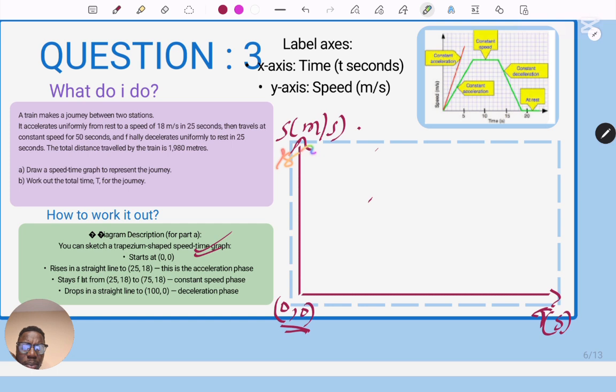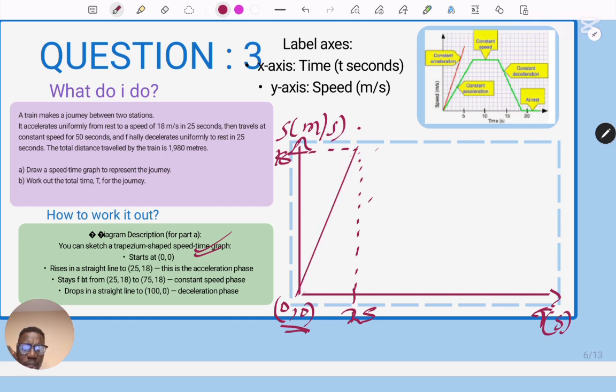Definitely the two of them will meet at a point like this, and that means the train travels like this. Okay, so I'm going to draw it now for us to see. So we put our 18 meters per second here, and the first 25 seconds here. We draw them together to meet up here, and that means the train travels this way.